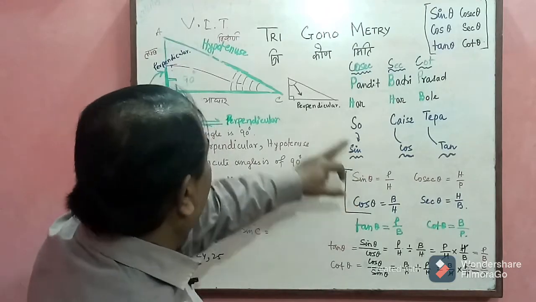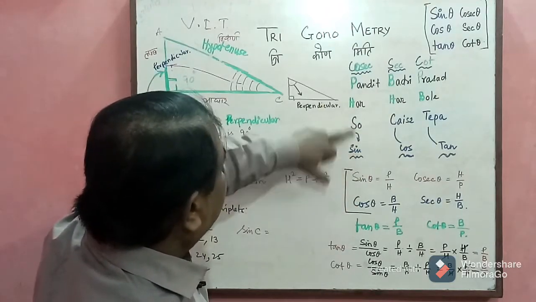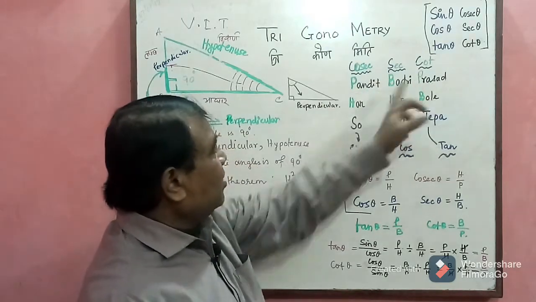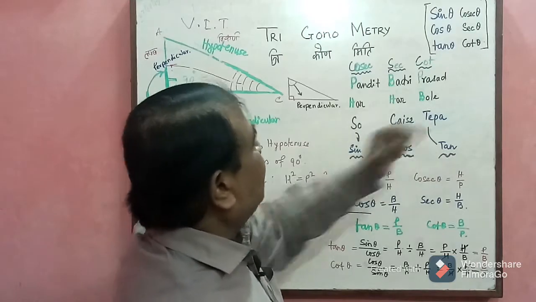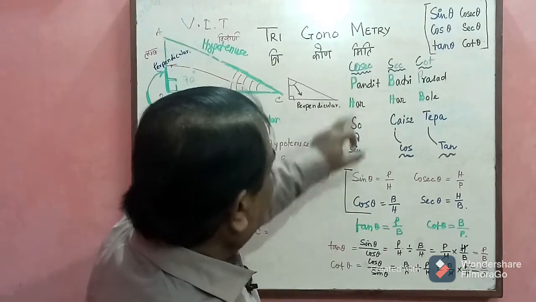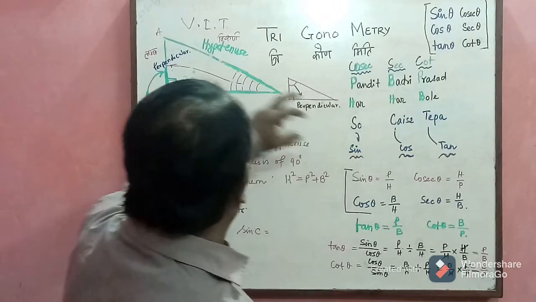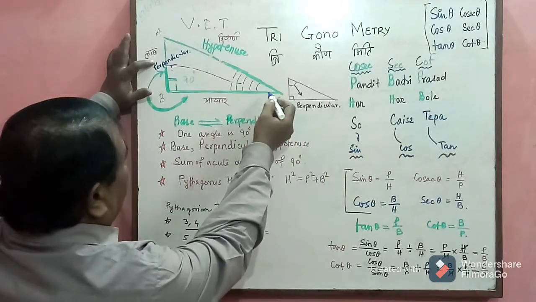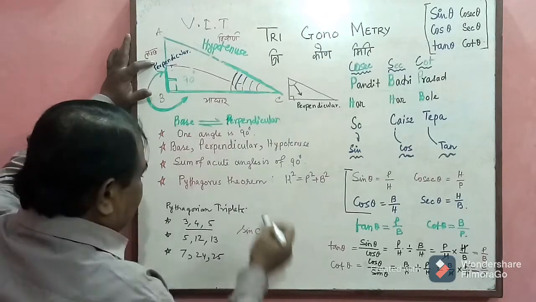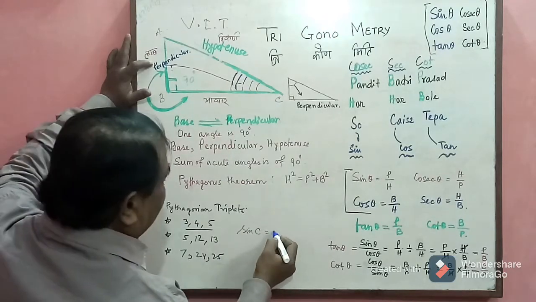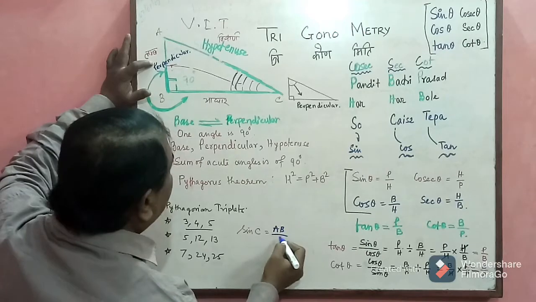Sin theta is P upon H, as in Pandit Badri Prasad, har har bole sona chandi tole, aur so kaise tepa. So sin means P upon H. P here, according to this triangle, if you are taking the angle C, so this is sin C, which is AB upon AC.